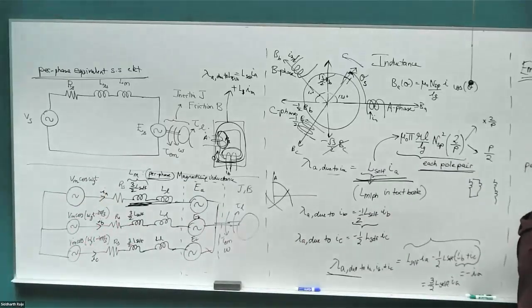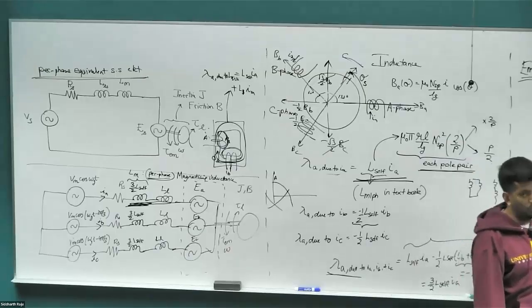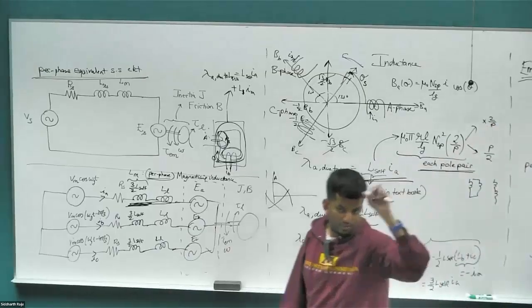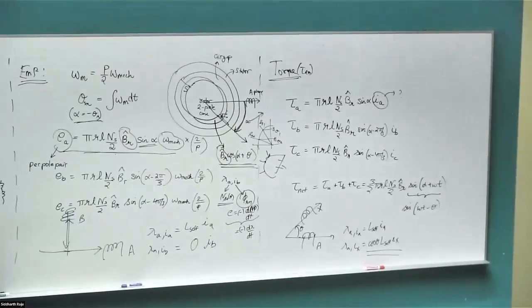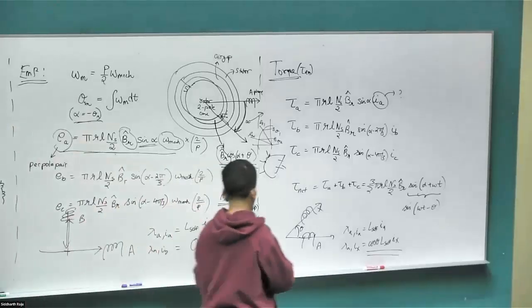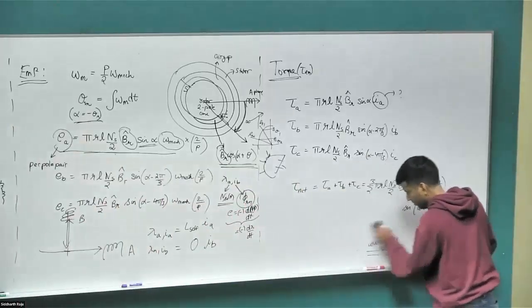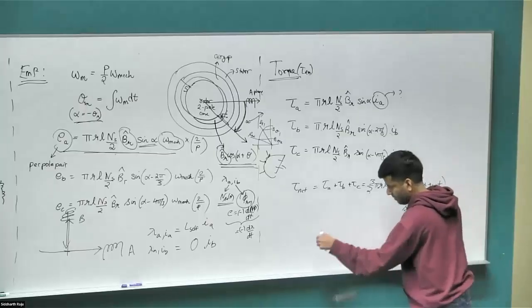So this term right there, you have P by 2 times omega mechanical. So when you have this rotor, how did we figure out this equation that we have right here? Let's say we have a 4-pole case.